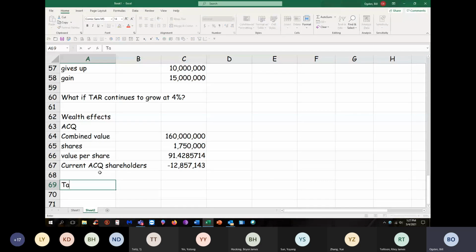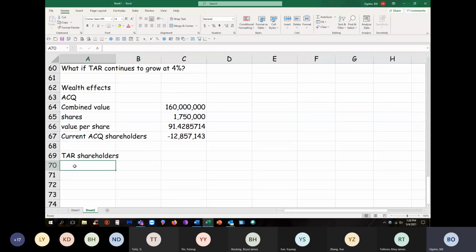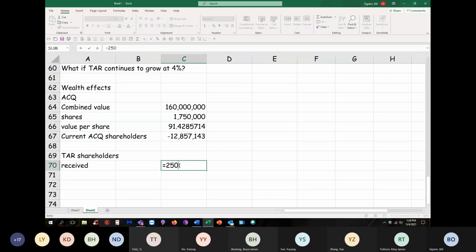All right, let's see the wealth effects for TAR shareholders. Let's go through the two steps. Let's ask first, what did they receive? They received 250,000 shares, and these shares should value at $91.43. All right.